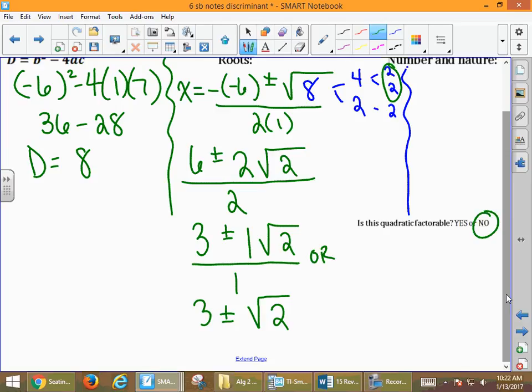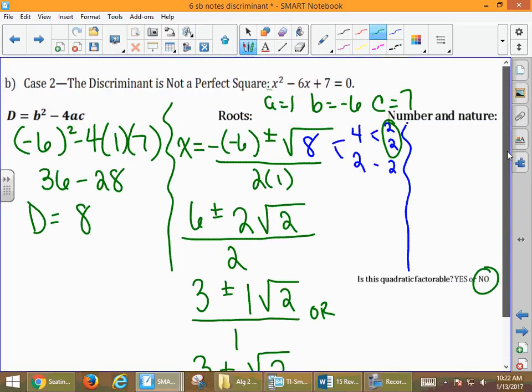But how many answers did we get here? 3 plus or minus the square root of 2. It's 3 plus the square root of 2 and 3 minus the square root of 2. So we're going to get 2 irrational roots.